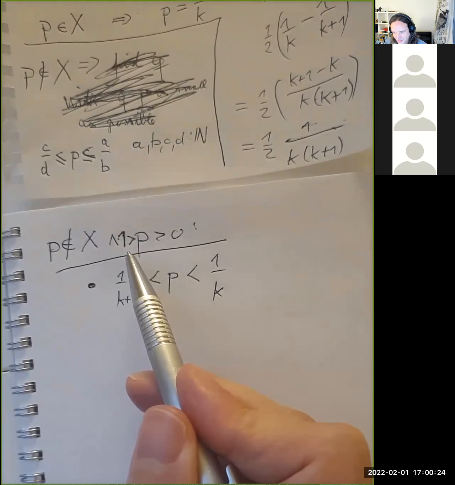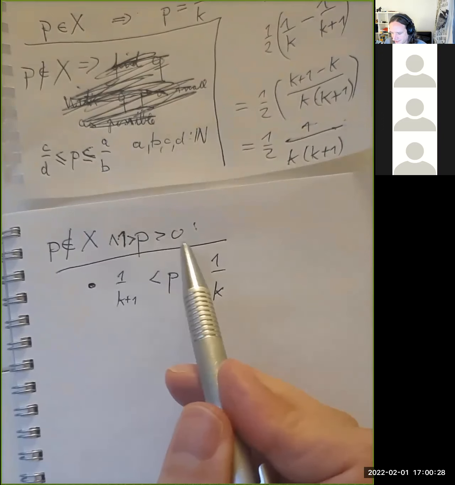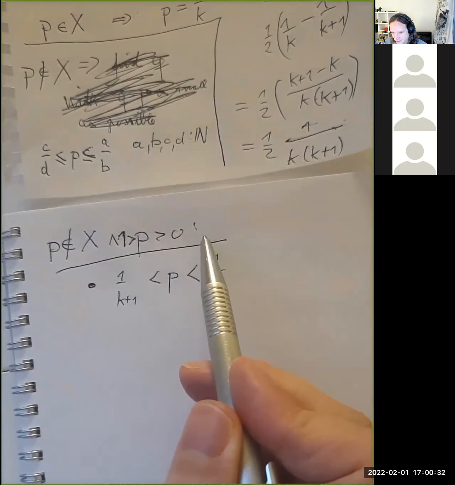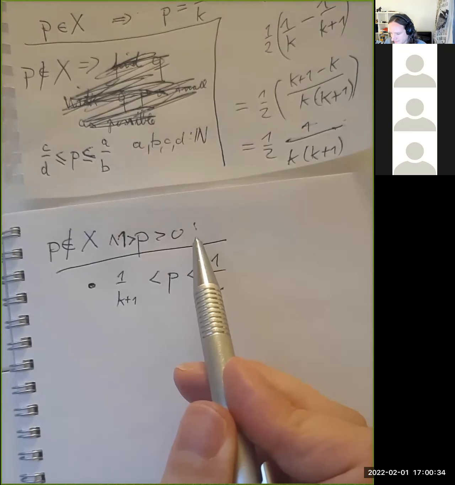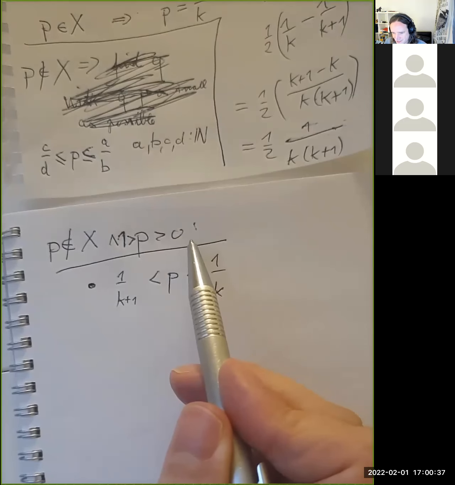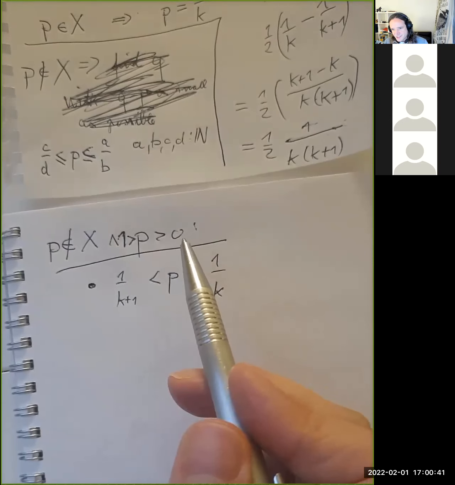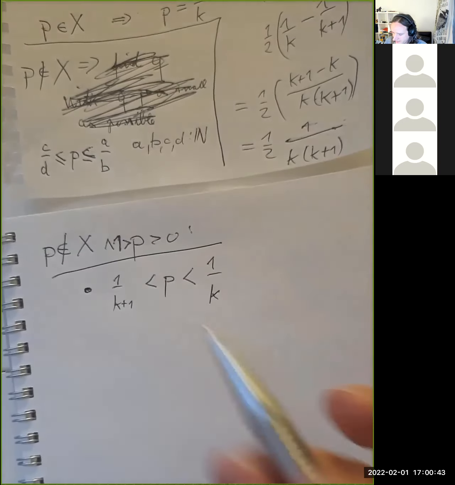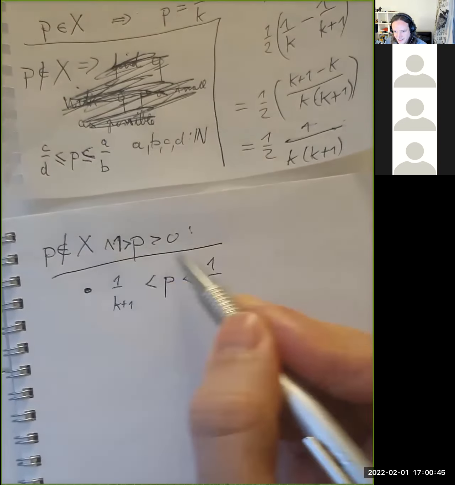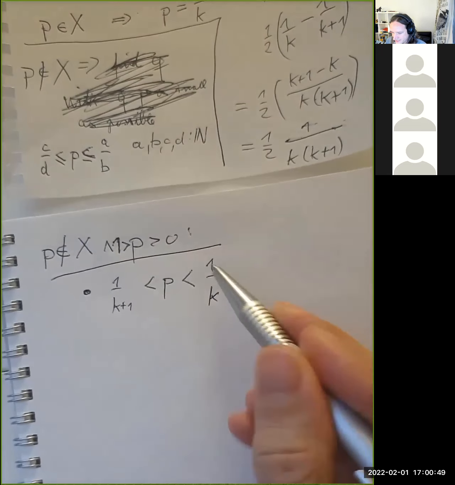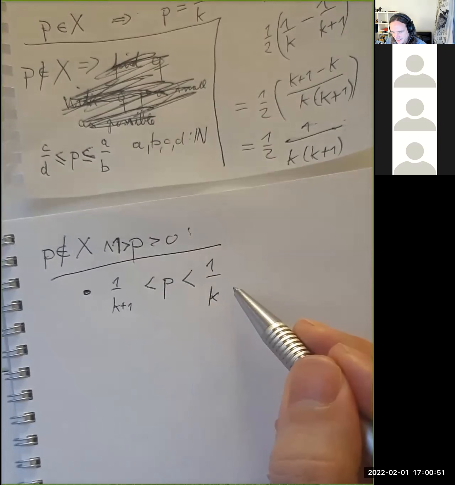And that will work because every element of X is between 0 and 1. And if P is smaller than 0, we can do the same. We can just take half the distance to 0. And that will be a good epsilon. And yeah, so we can assume that. And then we know it's in between some of the numbers of our set.